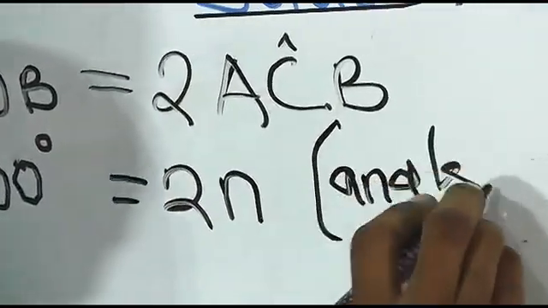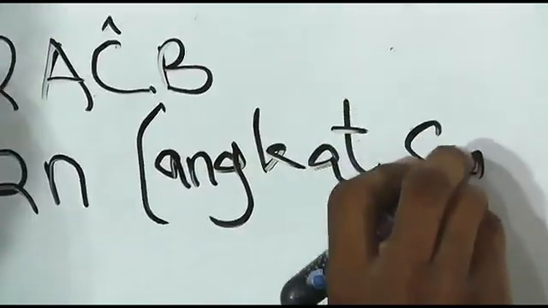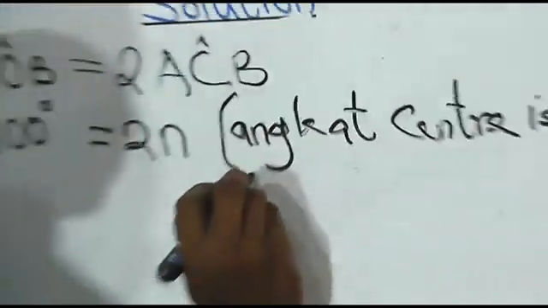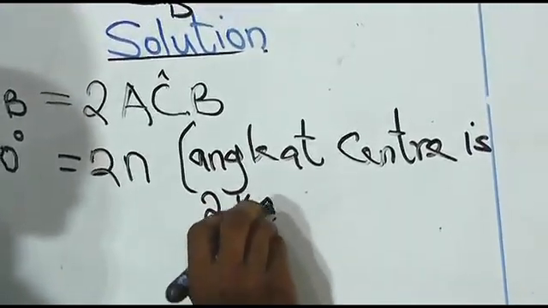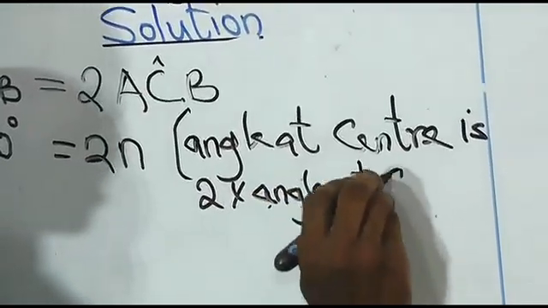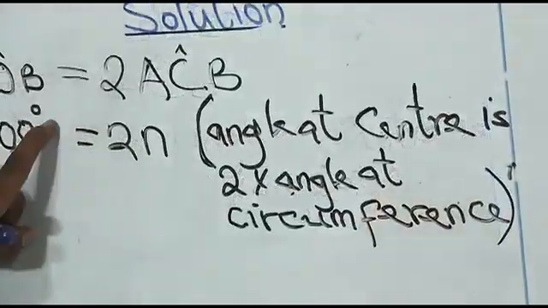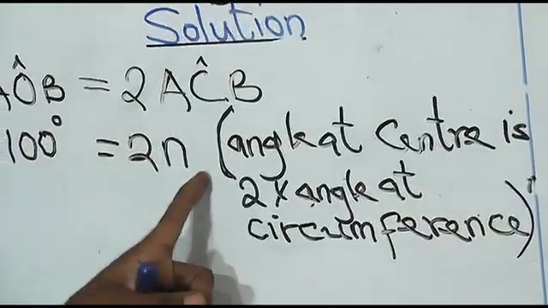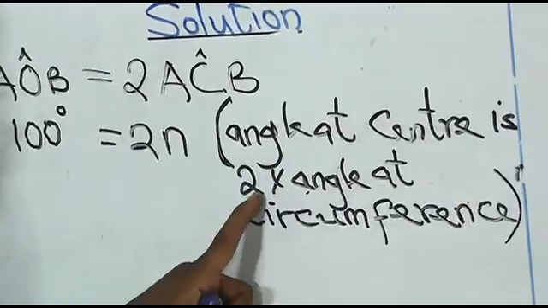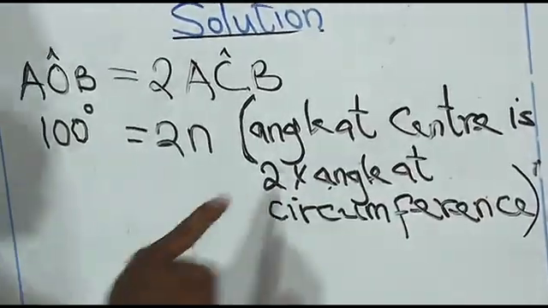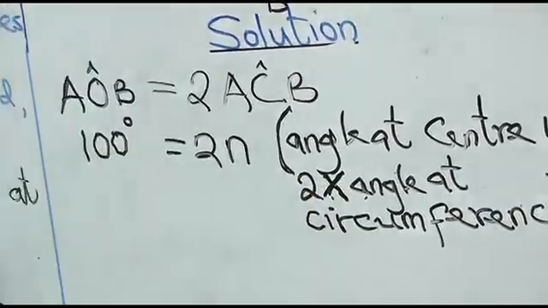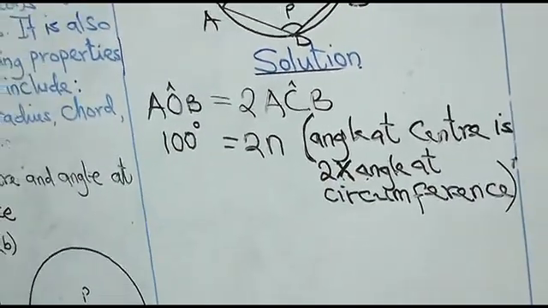So 100 degrees is equal to 2n, and the reason is that angle at center is 2 times angle at circumference.